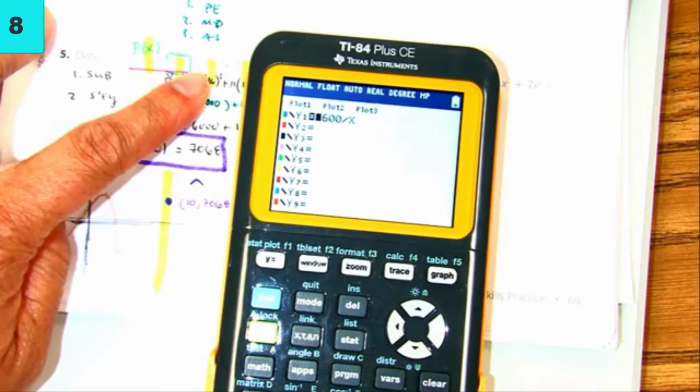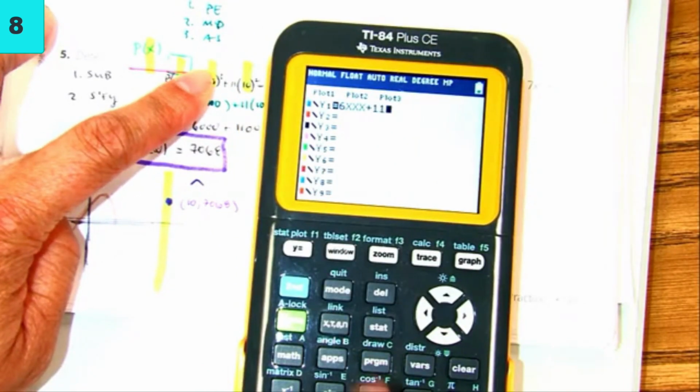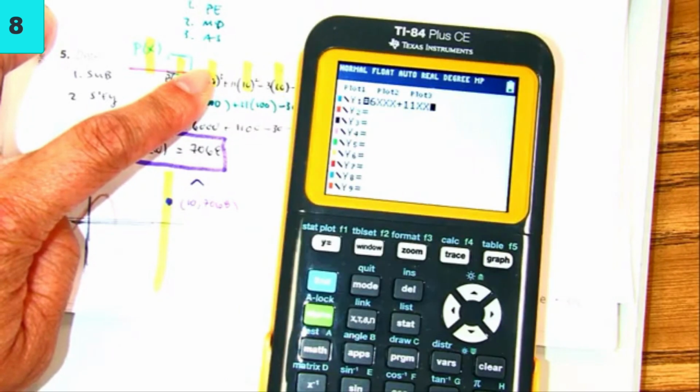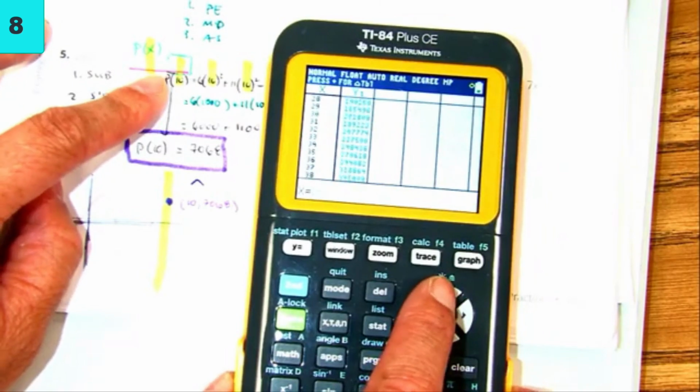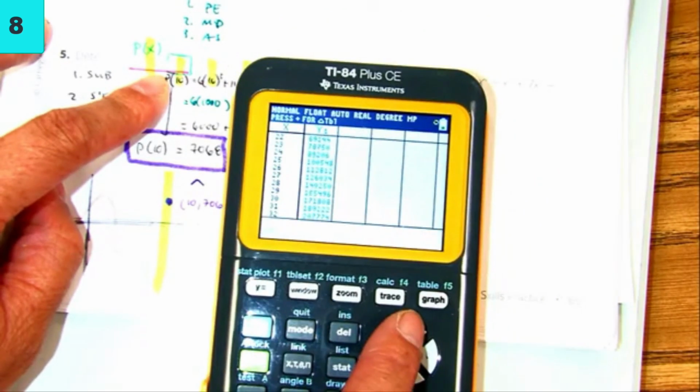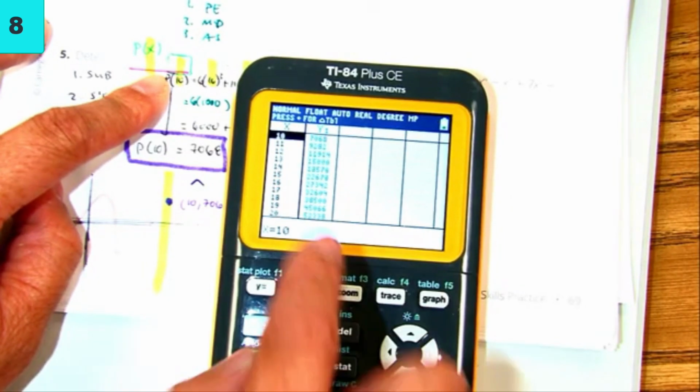I'll go a little faster on this one. 6x to the third plus 11x squared minus 3x minus 2, second table. If I go to 10, $7,068.